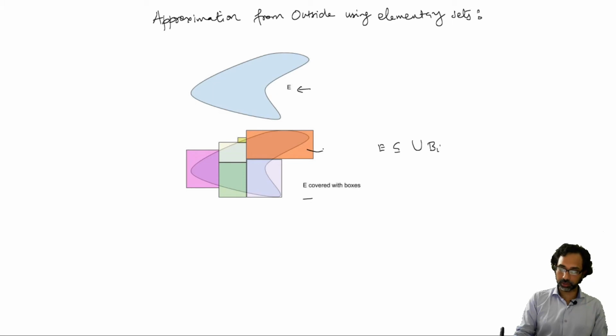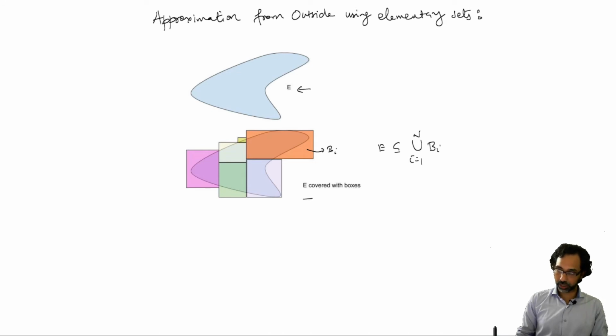So these are the boxes Bi, and if E can be covered by such boxes, and E can be approximated from outside by these boxes, then we can hope to use our already well-defined notion of elementary measure both from inside and outside to create a new measure for arbitrary subsets of RD.